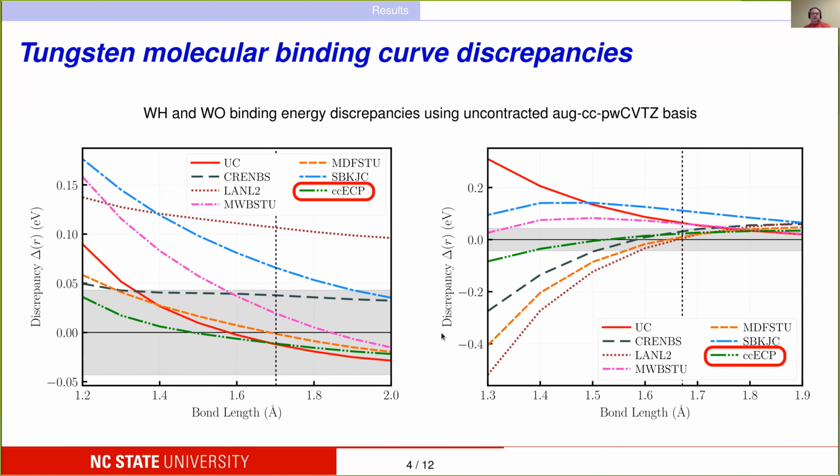The gray region is chemical accuracy, and our ccECP in green is within chemical accuracy for the entire range for the hydride. The vertical dashed line is the equilibrium bond length. And for the oxide, you can see that our ccECP well outperforms all the other competitors with regard to being within chemical accuracy and recreating the binding energy over the entire spectrum on the whole.